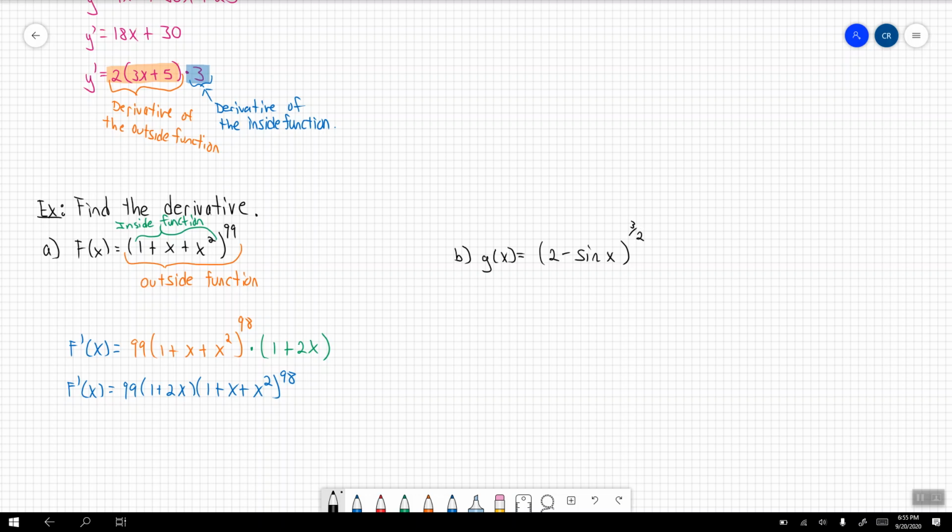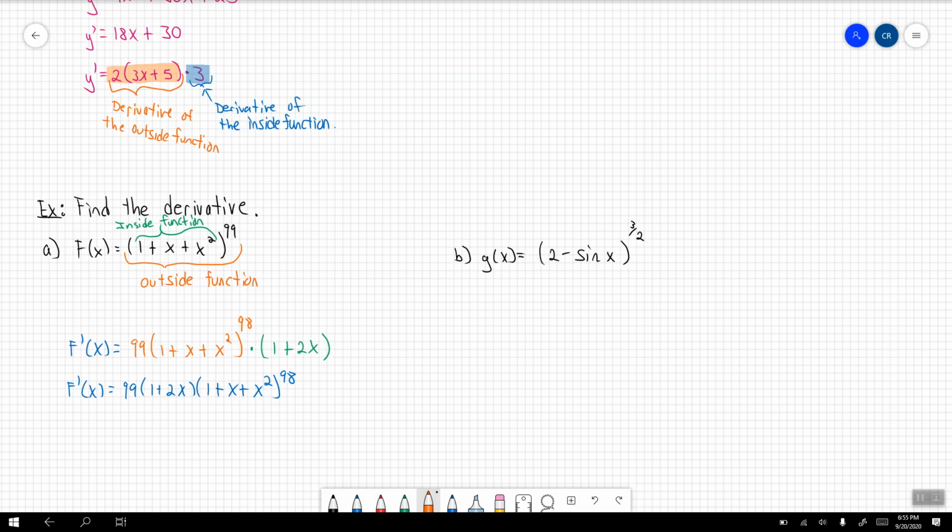So again, as we look at this derivative, I don't see any products, so I'm not going to be using the product rule. I don't see any quotients, so I'm not going to be using the quotient rule. However, I do see a function composition.